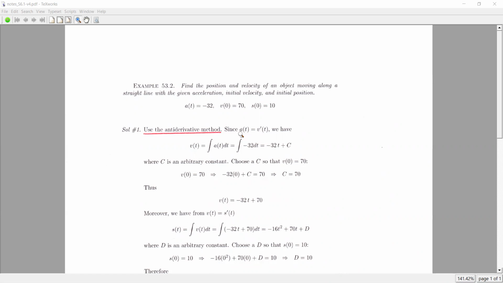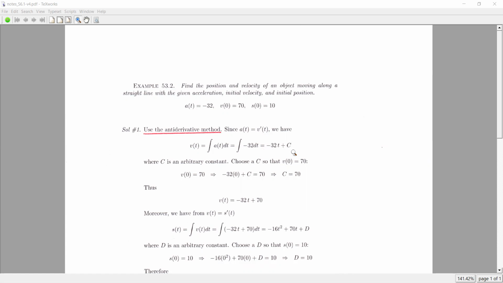Since acceleration is the derivative of velocity, velocity is the antiderivative of acceleration. In this example, acceleration is negative 32. Antiderivative is negative 32 times t plus an arbitrary constant c.